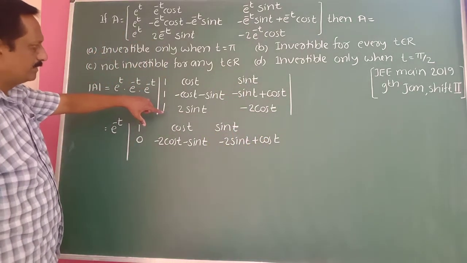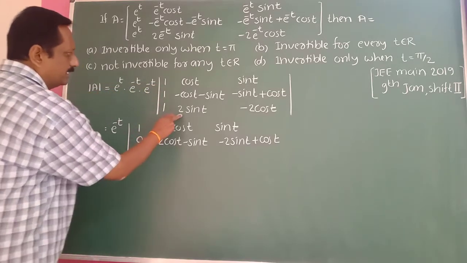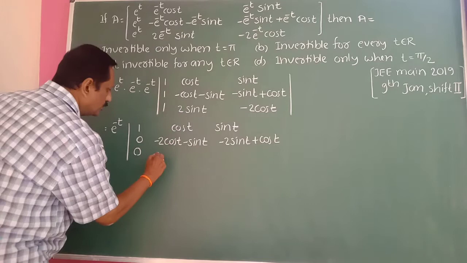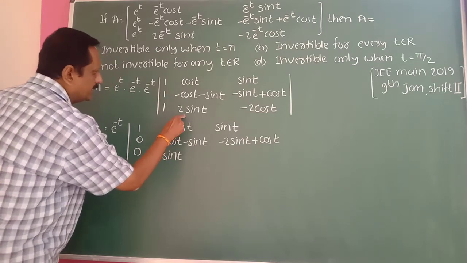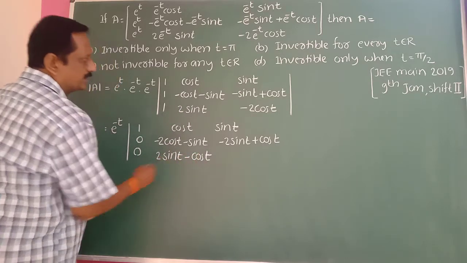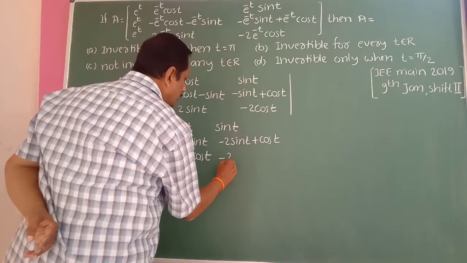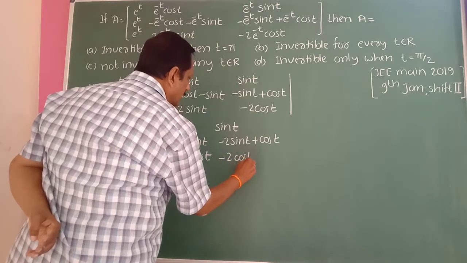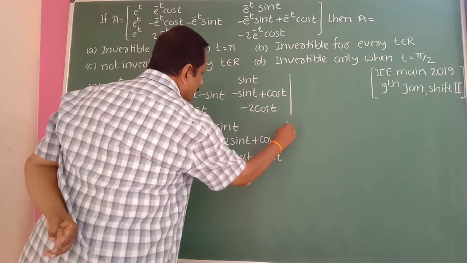Similarly, for this row minus this one, 1 minus 1 becomes 0. Then this minus this, 2 sin t minus cos t. Then this minus this, minus 2 cos t minus sin t.